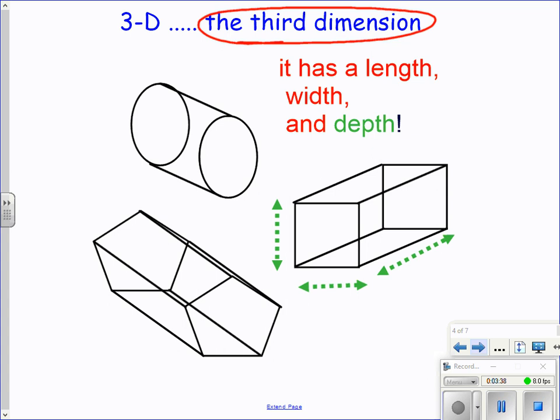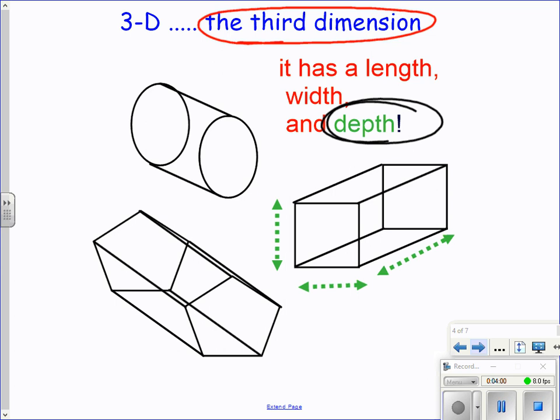Anyway, the 3D shape, as you can see in these drawings, which aren't fantastic, but they kind of get the point across, it is shapes that have a length, a width, and a depth. So when it's got depth, it's got some 3D. Here you can see there are shapes.